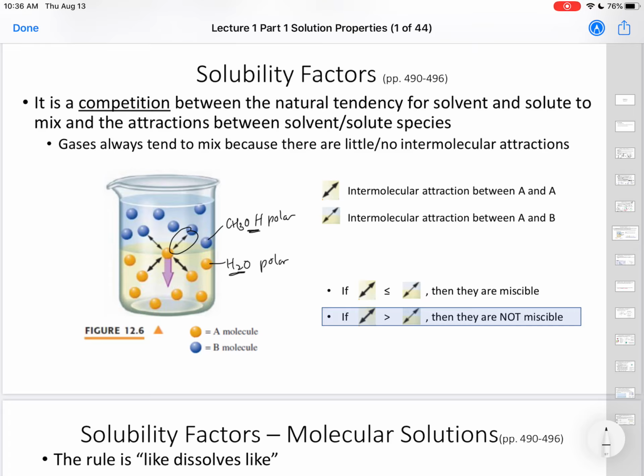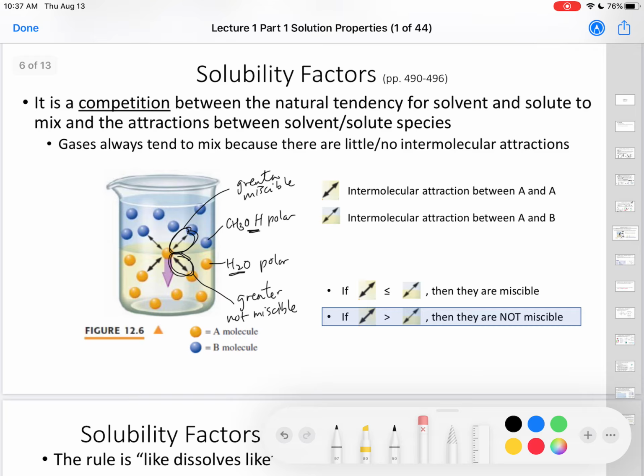Really, it's a competition between is this attraction greater or is this attraction greater? If this attraction is greater, then things will be not miscible. If this attraction is greater, then things will be miscible. Now, if you have water and methanol, it is miscible.